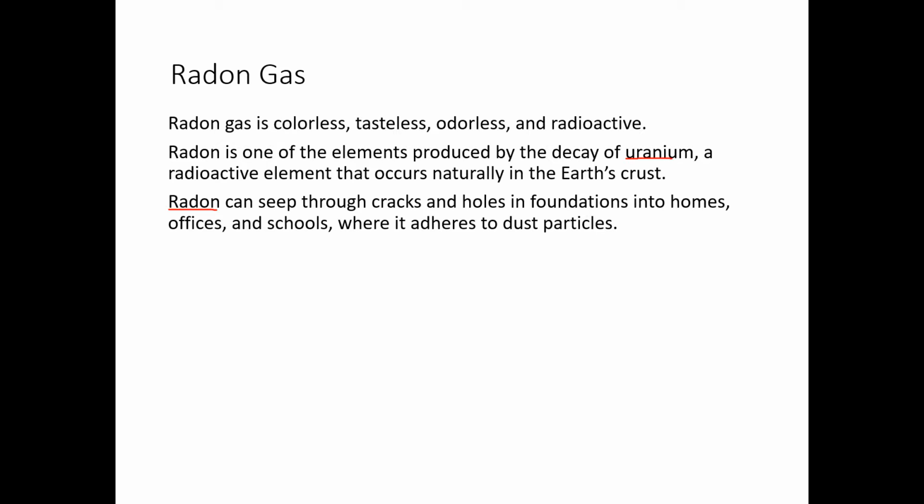So uranium will decay and produce radon, which forms radon gas, a colorless, tasteless, odorless, and radioactive gas. Why those are important to note is because it's hard to detect radon gas. You can't see it, taste it, or smell it, but it's there.